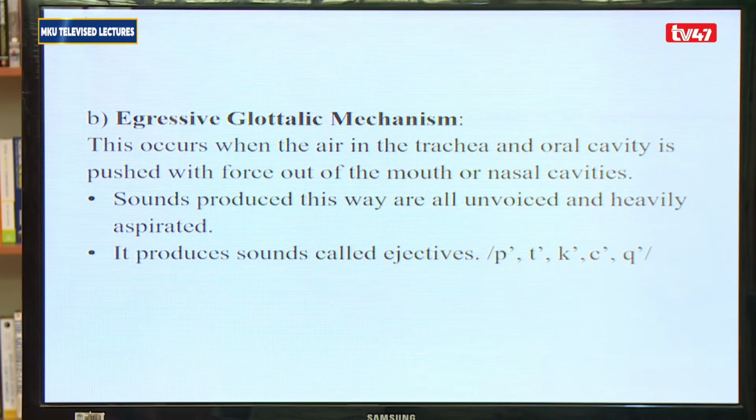So sounds produced under the egressive glottalic mechanism are also called ejectives. And on our screen, we have examples of these ejectives.